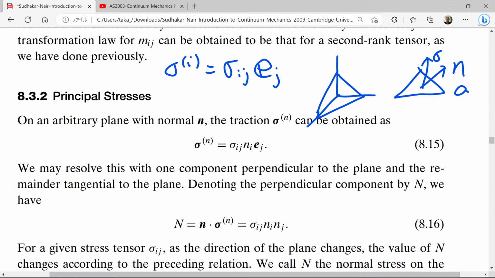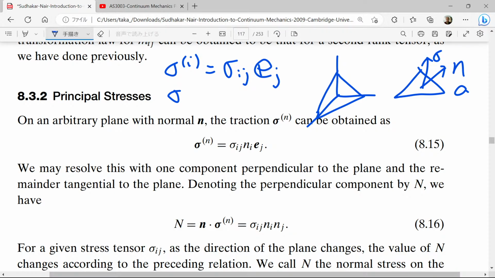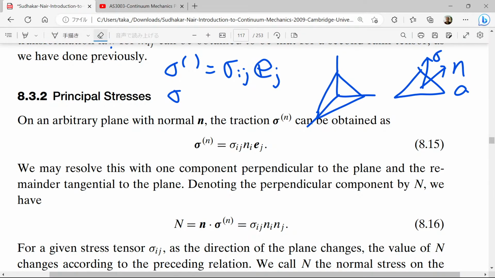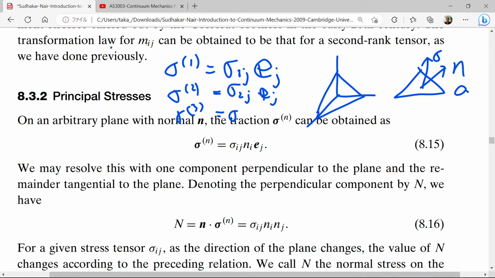Is this clear? Then sigma. Let's do it one by one, 1, 2, 3. This is sigma 1j ej, this is sigma 2j ej, this is sigma 3j ej.